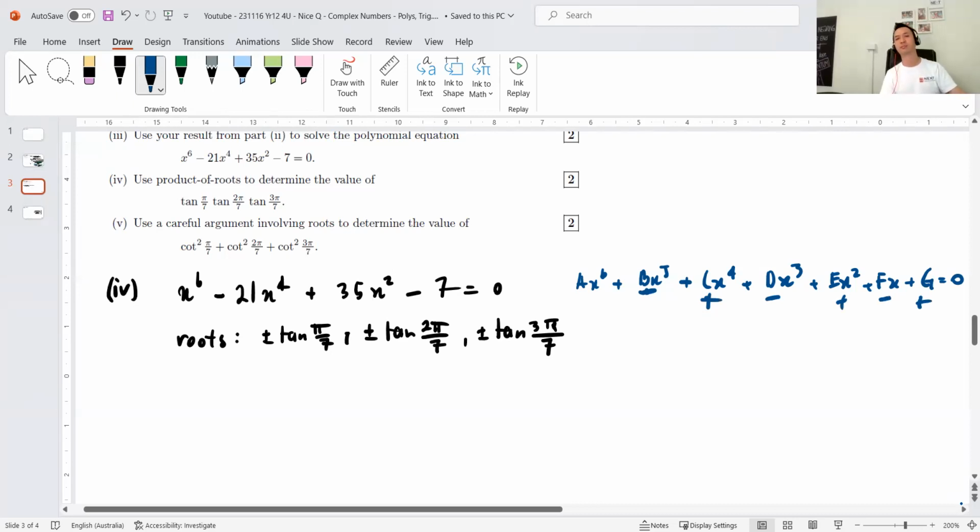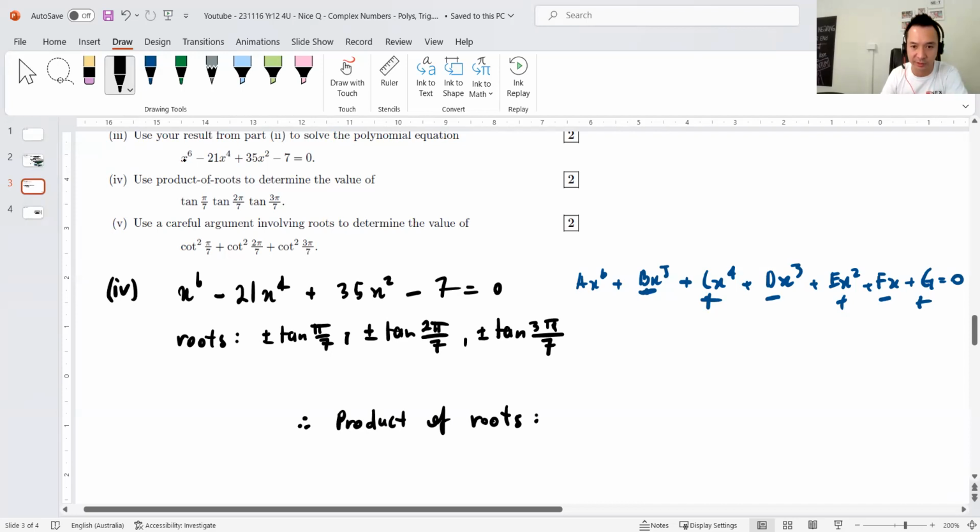Is that right? Yeah, minus plus minus plus minus plus. You just check that. Cool. So therefore, product of roots, I multiply all these together.